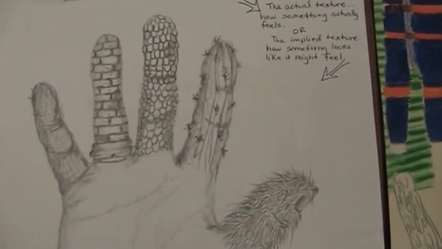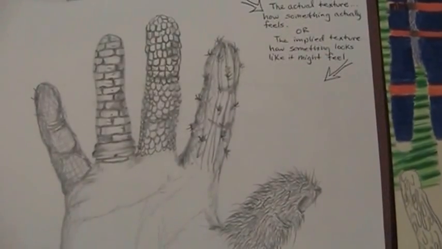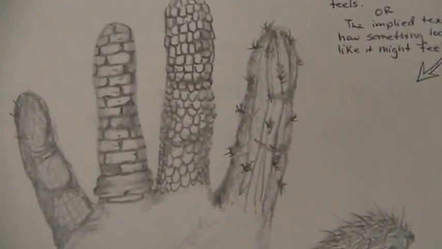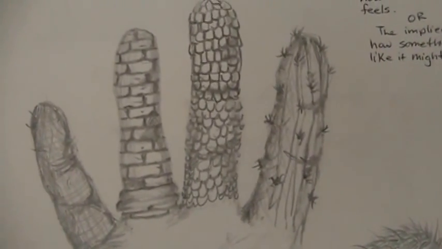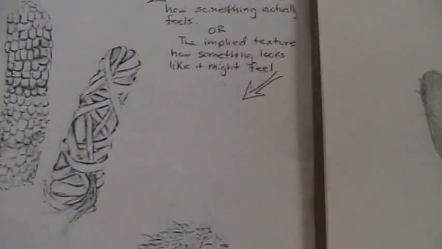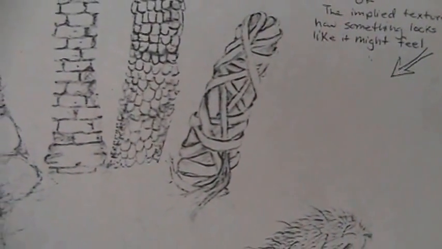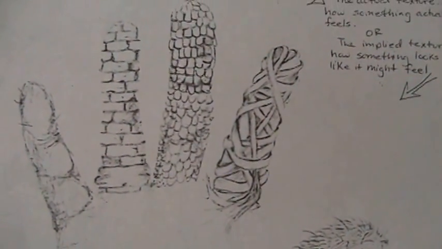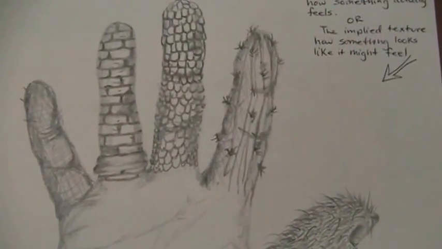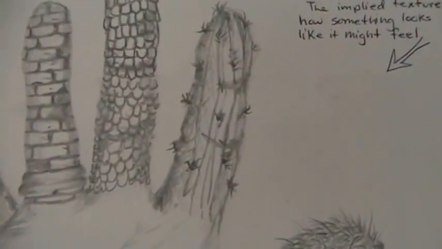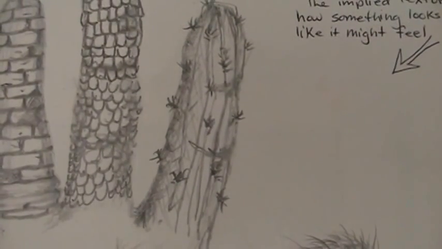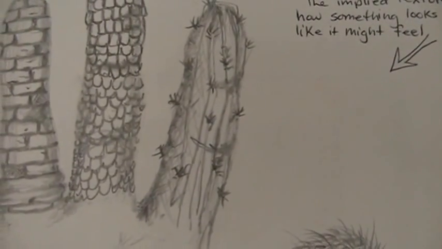And even if they have texture drawn on them, I want you to enhance your drawing by adding value, which we've already covered, and which is going to make your drawing go from a simple line drawing, okay, like this, and you're going to add texture to your drawing and value. So implied texture, making it look like that's a cactus, okay? But it's on a flat piece of paper, so that's implied texture.